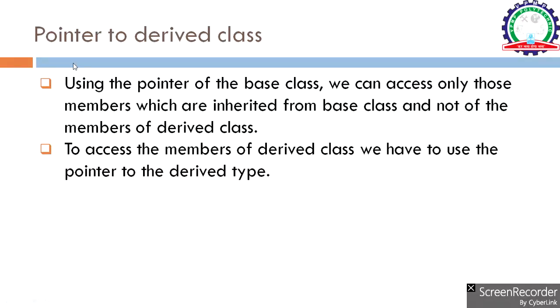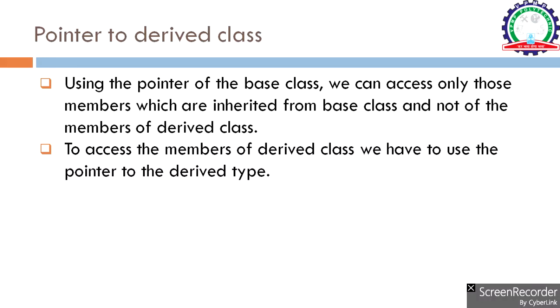Now let's see pointer to derived classes. Yes friends, as we discussed in our previous slides, we can have a pointer as an object pointer of a class. Same way we can have a pointer to derived classes also. So using the pointer of the base class, we can access only those members which are inherited from the base class and not the members of derived classes.